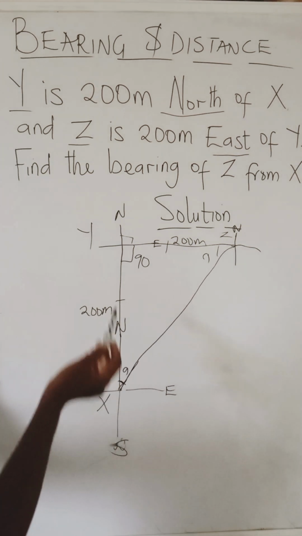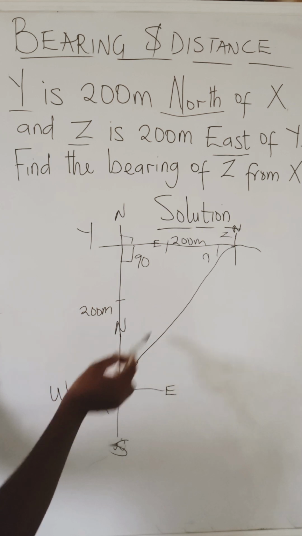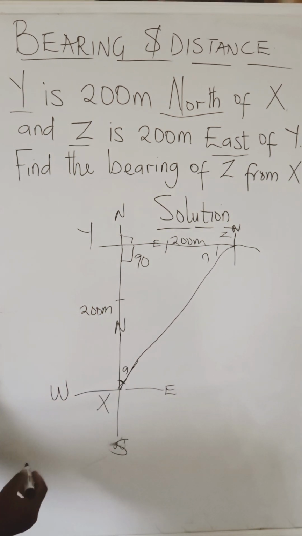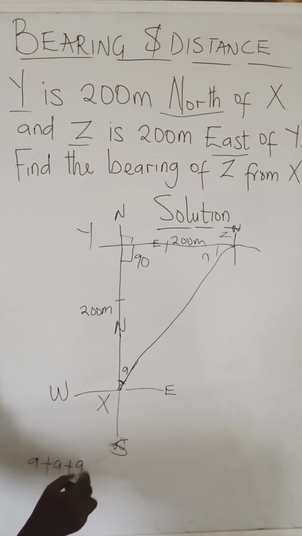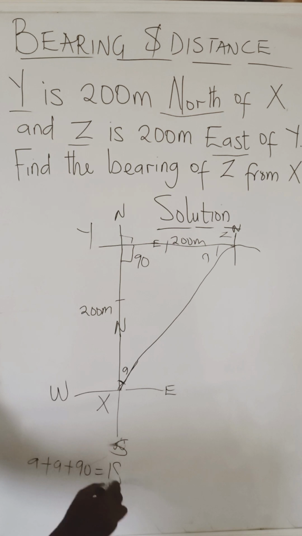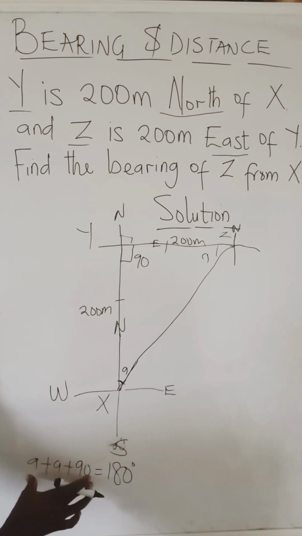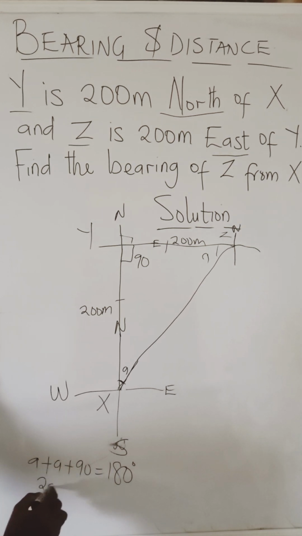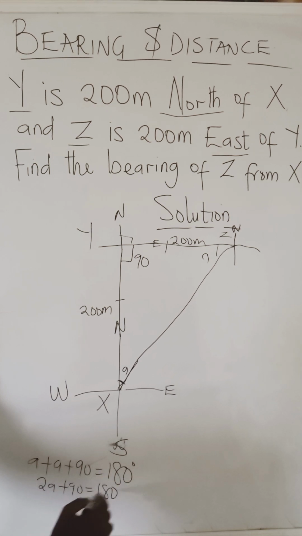Because we have a known angle, we can use it to get the values of our base angles. So A plus A plus 90 degrees equals 180 degrees, because of the sum of angles in a triangle. So 2A plus 90 equals 180.